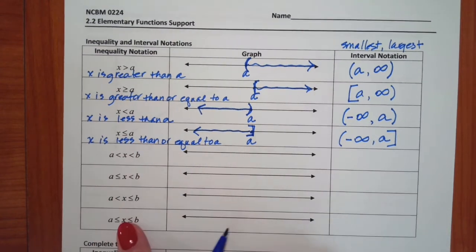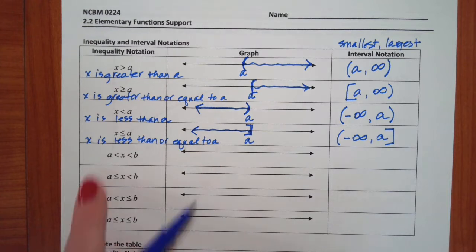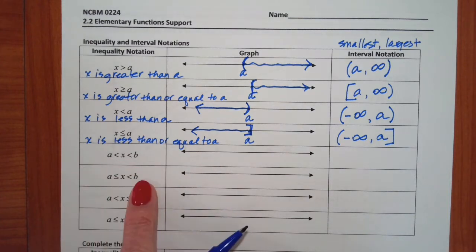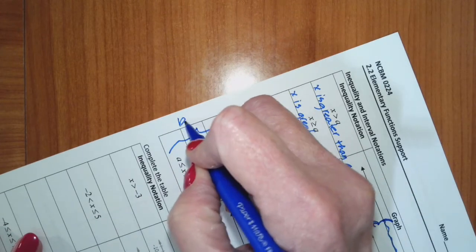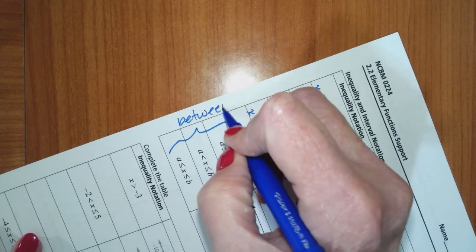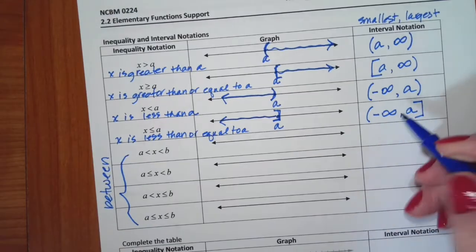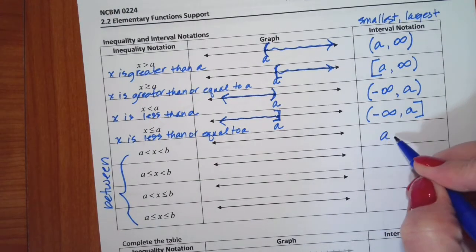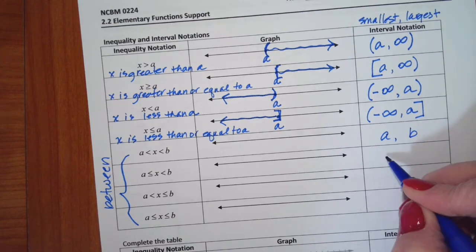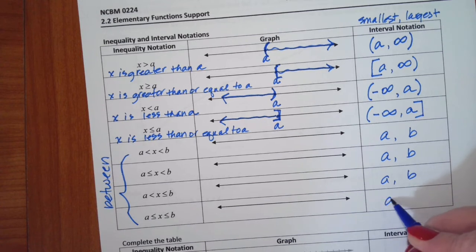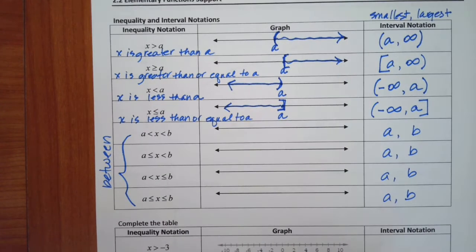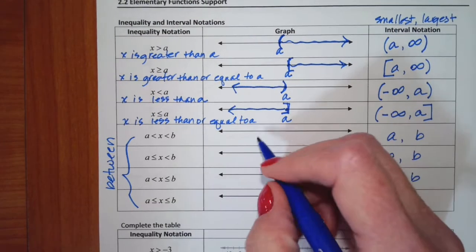Now these four notations, notice you have a value on the left and the right, a smallest and a largest. So this is going to represent between. So we know for all of these, a is the smallest value, b is the largest. And now we just need to figure out from the symbols whether we use parentheses or brackets.